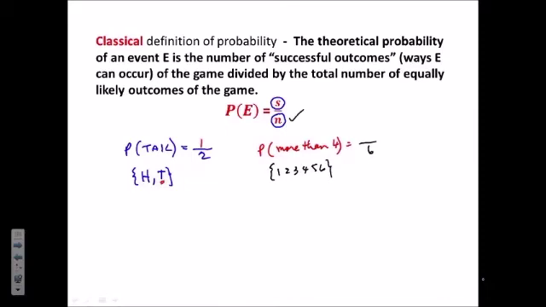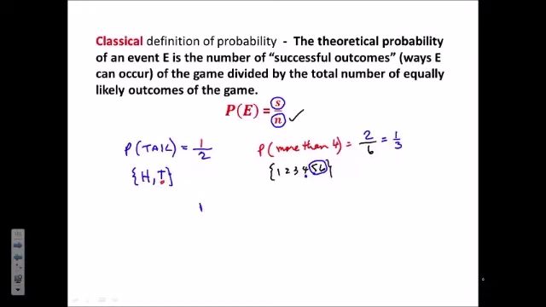How many of these would be successful in terms of being more than 4? How many of those 6 are more than 4? Well, here's 4, so more than 4 would be these 2. 2 out of 6. So 2 out of 6, or you could reduce that if you like to 1/3. There's a 1/3 chance, or a 2 out of 6 chance, that the probability when you roll a die will be more than 4.